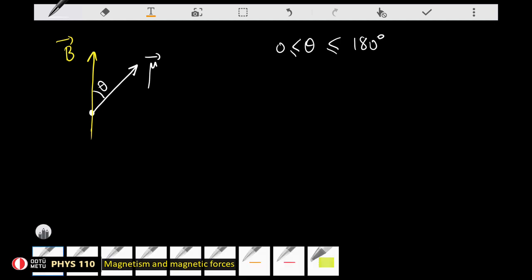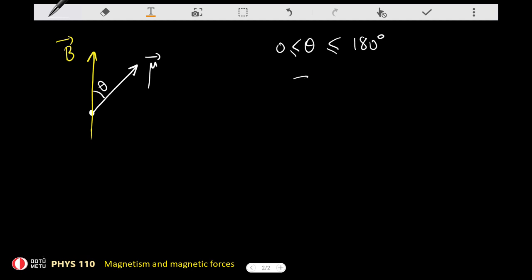So you can see that the torque in here is mu cross B, right? As a result, this magnetic dipole, at least the magnetic dipole moment, will tend to rotate in a direction which makes it parallel to the magnetic field. So let me just draw a few cases in here.